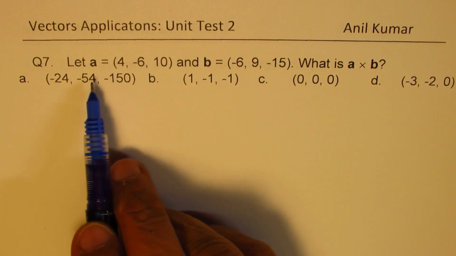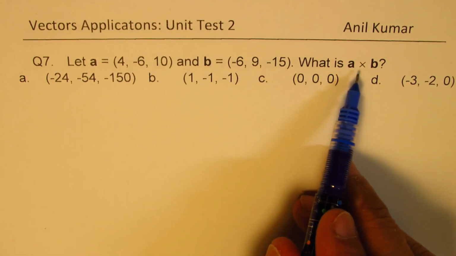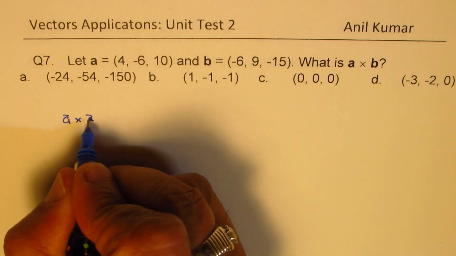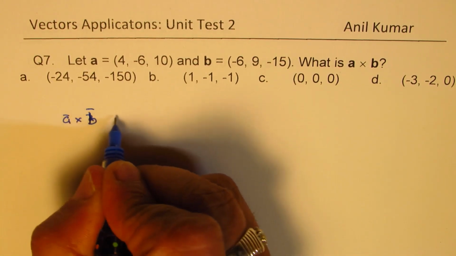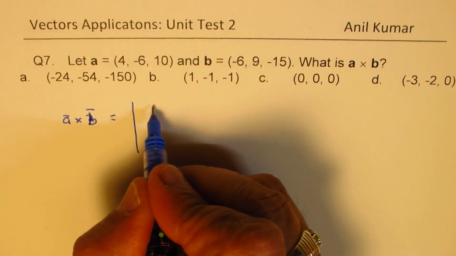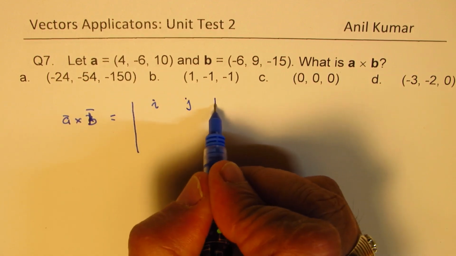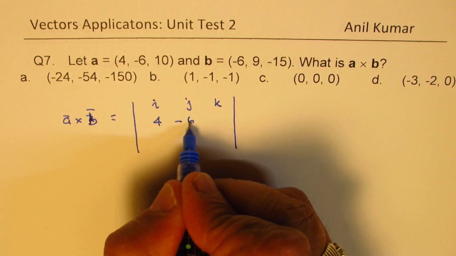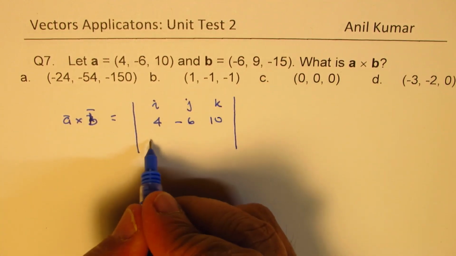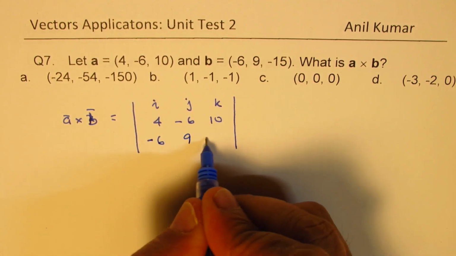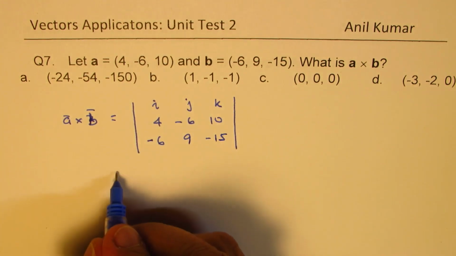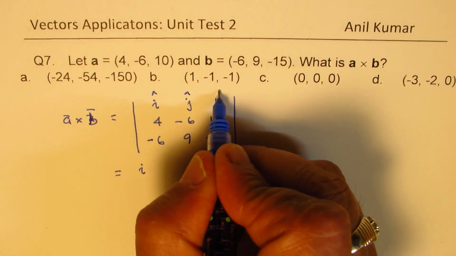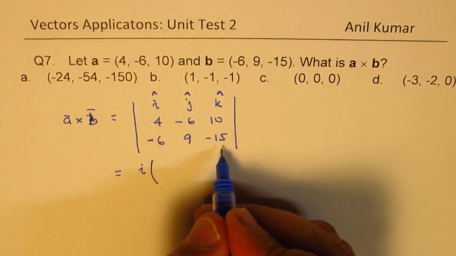Question number 7, vectors A and B are given to you. You need to find the cross product. So the cross product of A and B is equal to, we can write i j k, it's a vector, right? So A is (4, -6, 10), B is (-6, 9, -15), right? So that gives me i, these are the unit vectors, times this determinant.